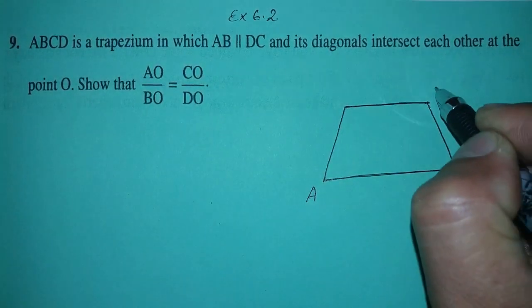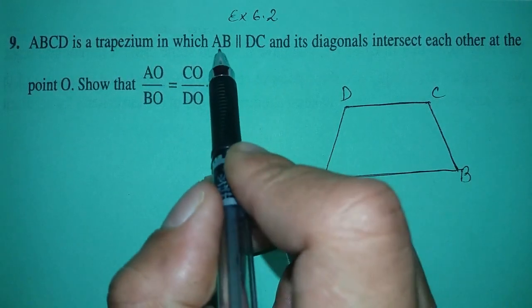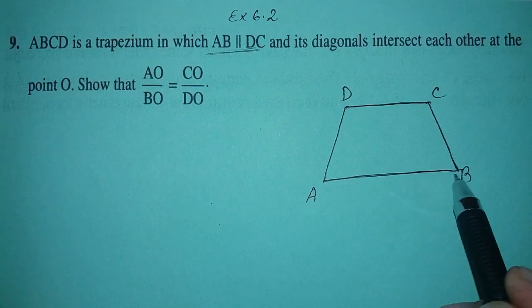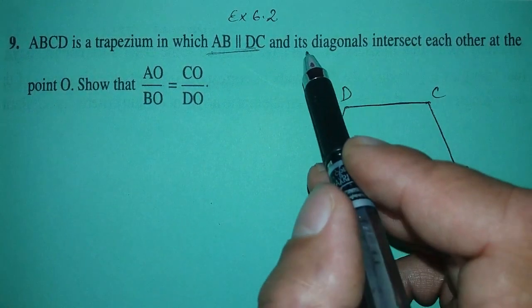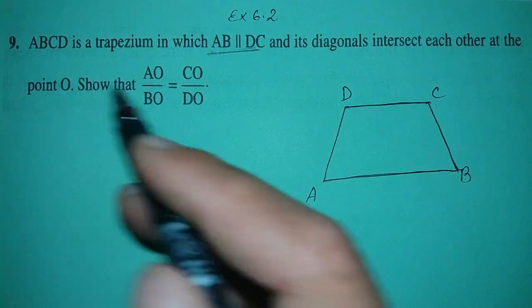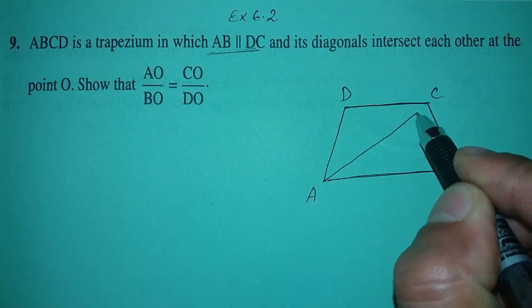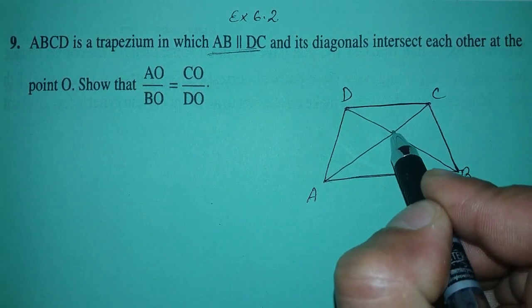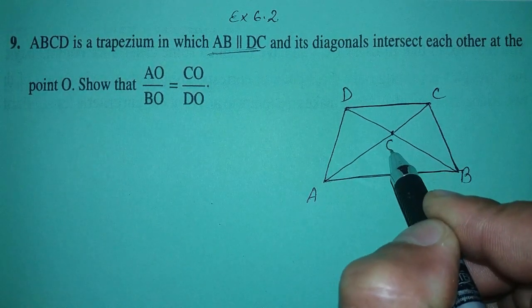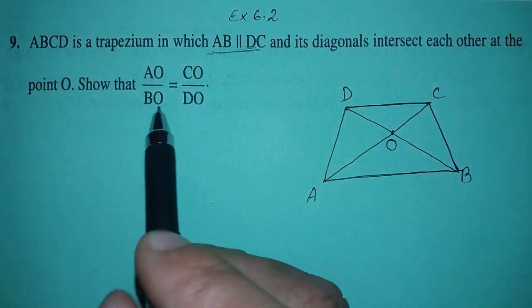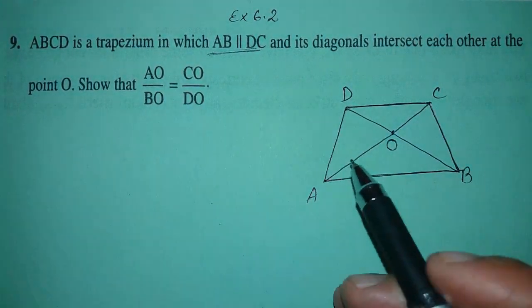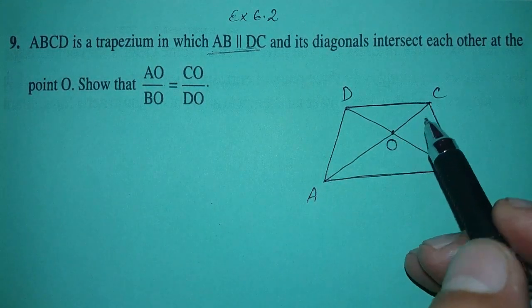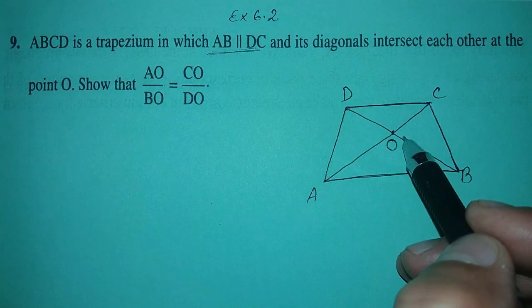According to the question, AB and DC are the parallel sides here, and its diagonals intersect each other at point O. So this is one of its diagonals and this is the other diagonal, and they are intersecting at this point. This is O. Now what we're going to prove is AO by BO is equal to CO by DO.